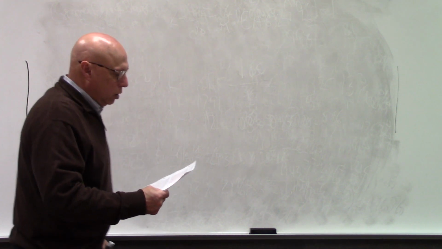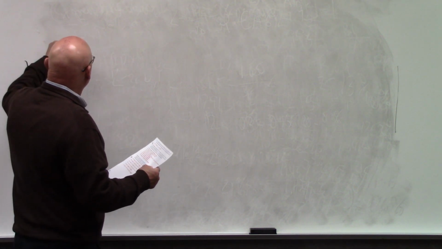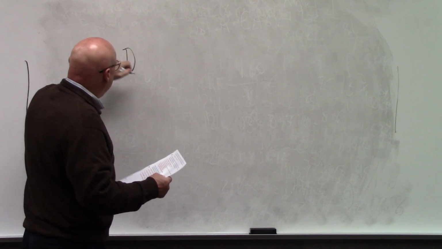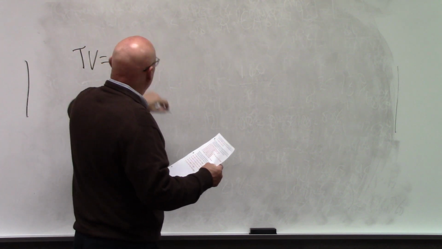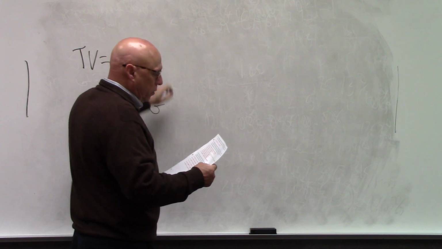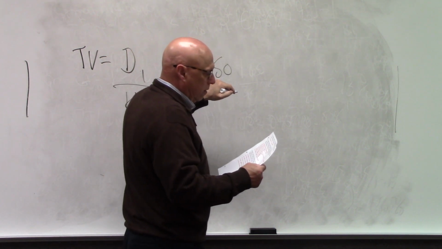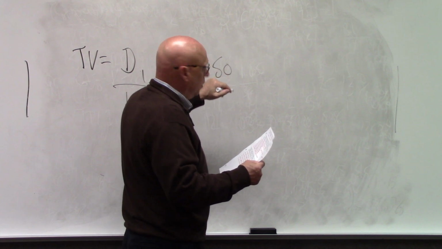Okay, so the discount rate is 13. Next dividend is expected to be $1.50, so terminal value equals D 1 period ahead of the last year of fast growth divided by K minus G. And that would be $1.50, what they're going to pay next year.